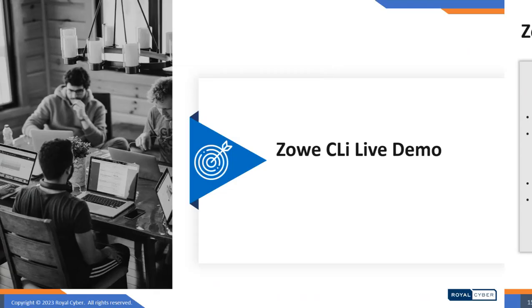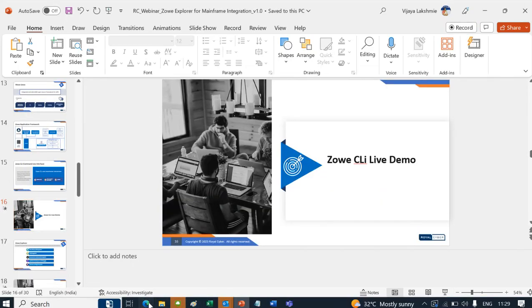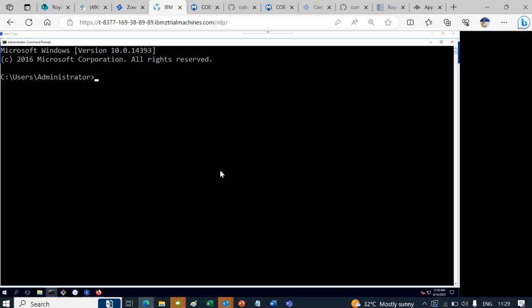Let us get into a little deep dive with the demo. So this is the Zowe system, and this is your command line interface, the Zowe CLI. Since it is a command line interface, I have to give a command, and the command always has to follow some syntax and semantics.